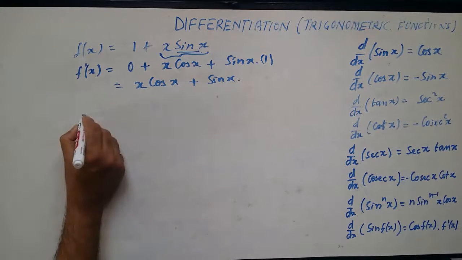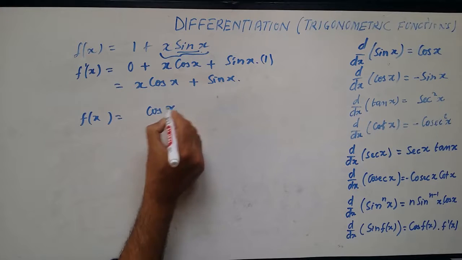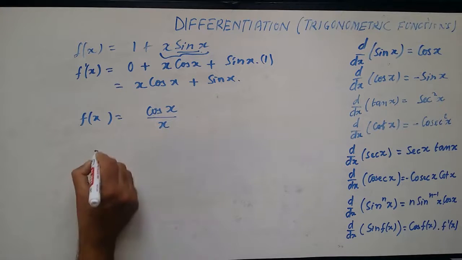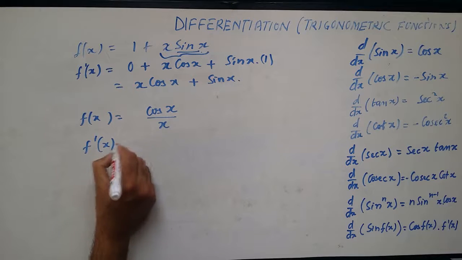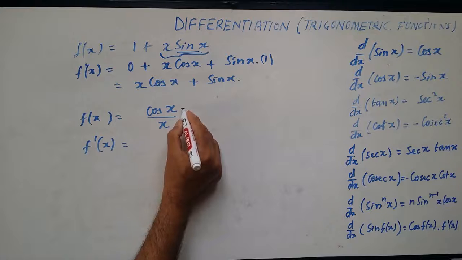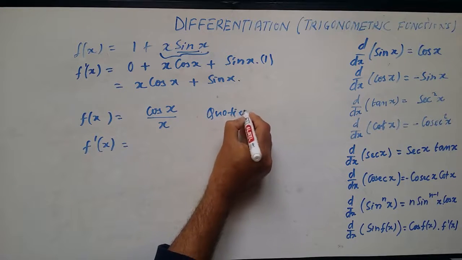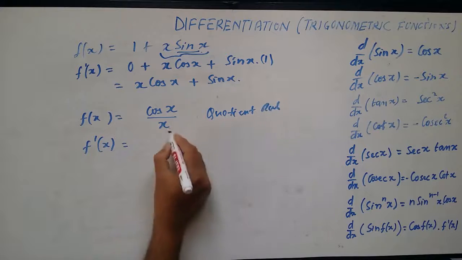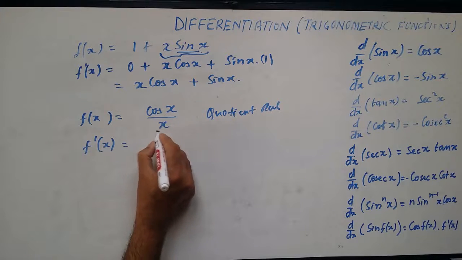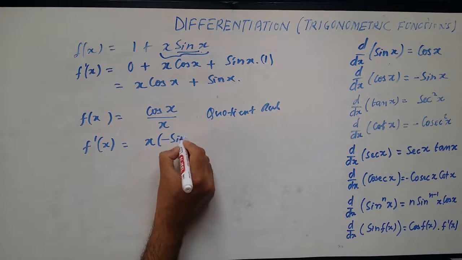Okay. Let's take another function. Let's say f(x) is equal to cos x upon x. So the differential of that function is, now this is a fraction, so we have to apply the quotient rule. So the quotient rule says the denominator into the differential of the numerator.